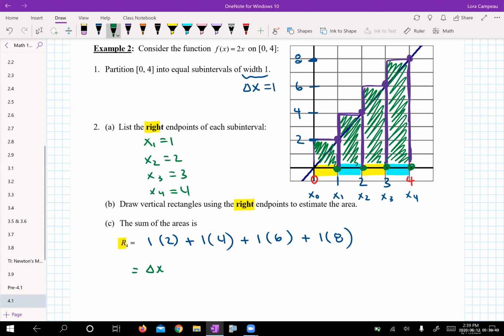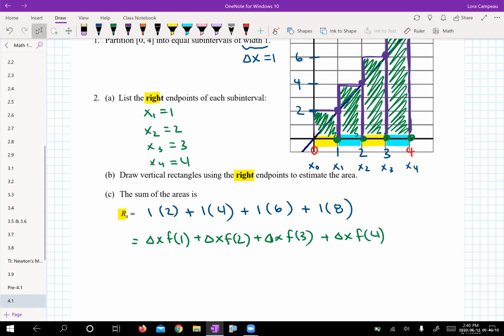It's actually the function evaluated at 1. Where do we get the 4 from? Delta x, the function evaluated at 2. Where did we get the 6 from? The function evaluated at 3. Where did we get the 8 from? The function evaluated at 4.